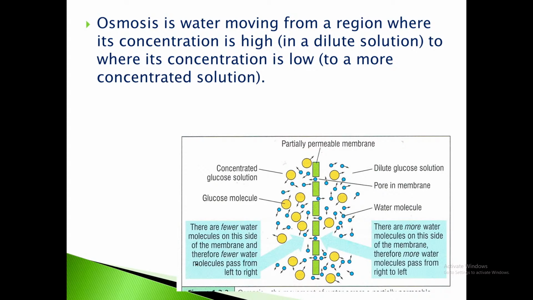Now the region of high concentration for the water will be the floor, and the place of low concentration will be that dry mop. So water is going to move from the place of high concentration to the region where it is lower concentration. So that's how osmosis will allow the water to actually move.